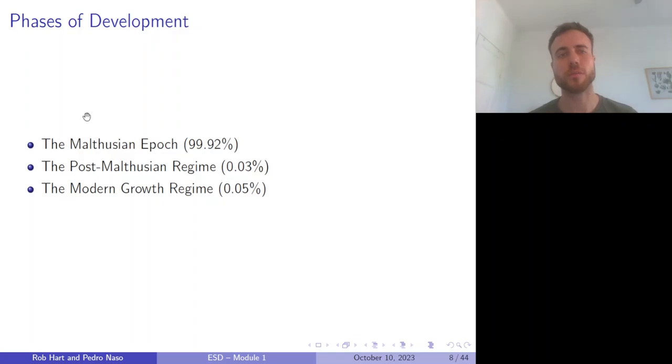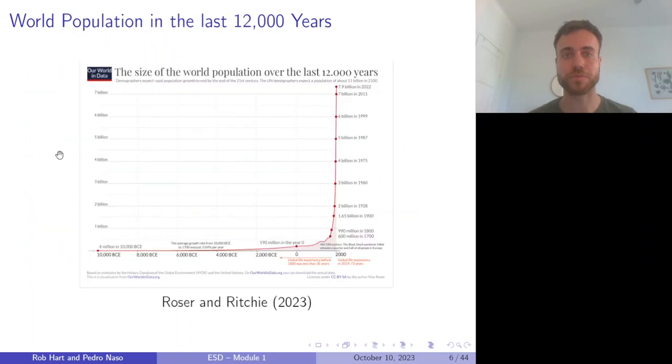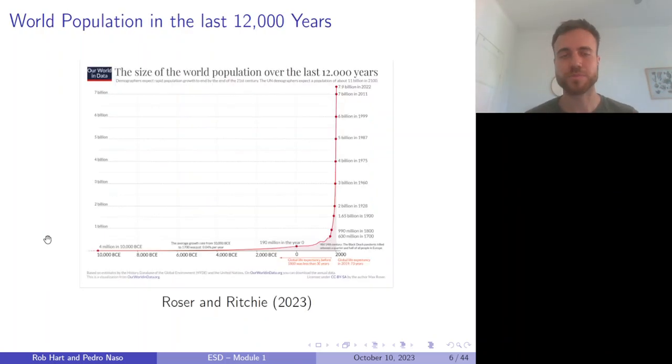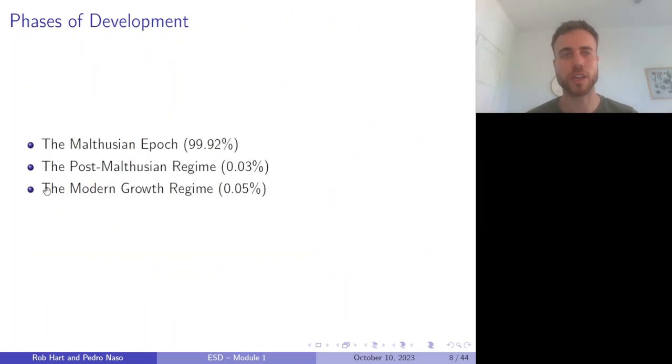The first one is the Malthusian epoch, which comprises around 99.9% of humanity's history. If we go back to the graph of income per capita, it's pretty much everything that happened before the 1800s. A huge period of stagnation, a very, very long period of stagnation.